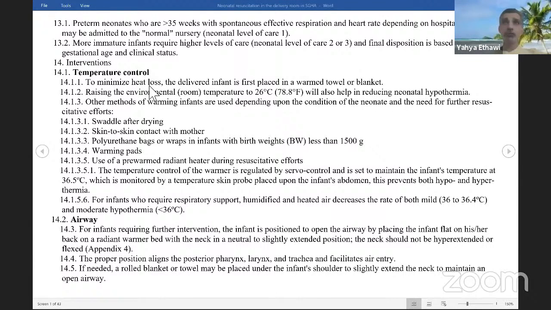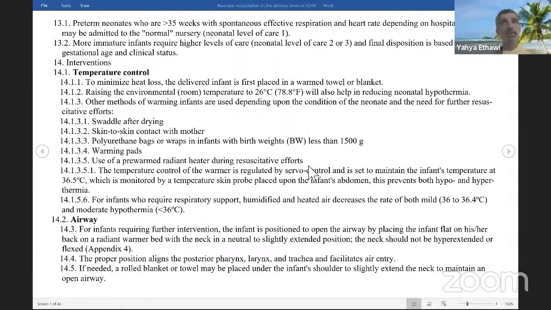controlling the room temperature before starting delivery is vital to do a delay cord clamping. And remember, if you have time during the day, you can put the baby on the mother's chest, but that will be a problem during C-section because you cannot do that. So it's very important in C-section that you turn up the temperature in a good period of time before they start, up to 26.